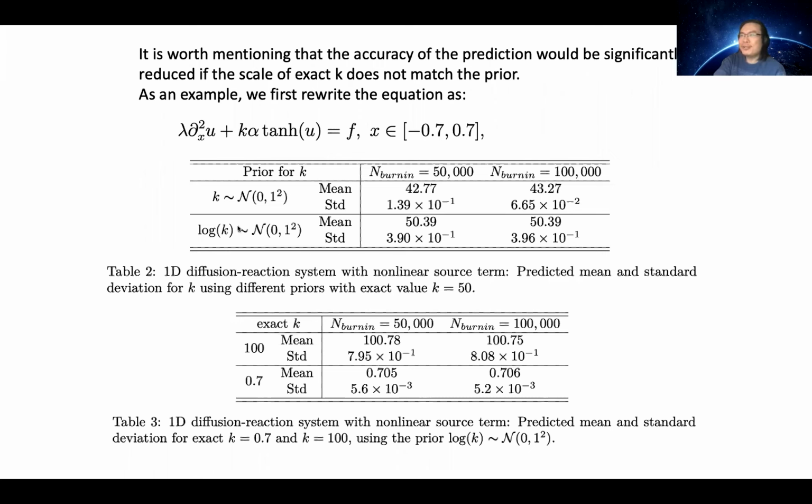This is actually a very good prior for problems where we don't know the scale of K. We also apply this prior to another two problems. First we set K as 100, or K still at 0.7. We can see that in both problems it works very well. So we conclude that in problems where we don't know the exact scale, you can use a prior like this.